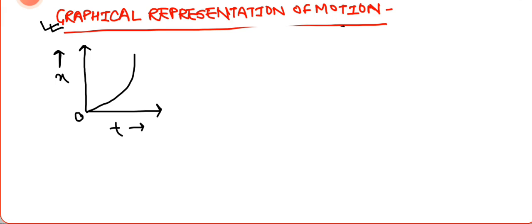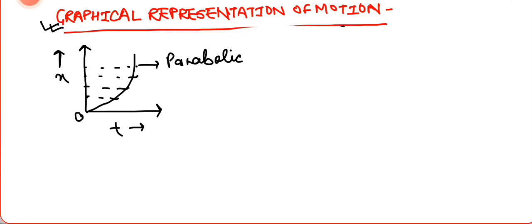This is a curved line, of course, that is parabolic in shape. Here we have seen that at any point of time it was linear, but suddenly the change in the position with respect to time is not constant, it is changing.